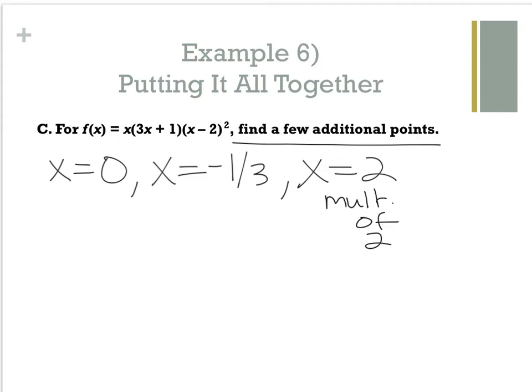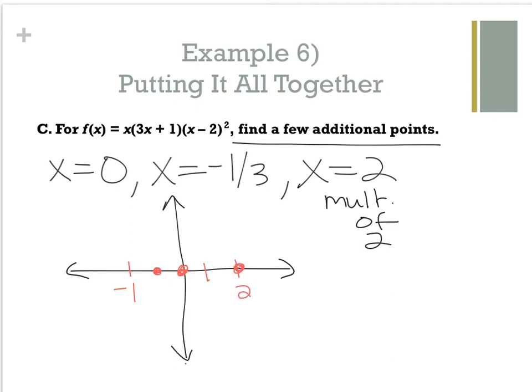What we're going to do is plot these points on the graph just to see what we think is going on here. X equals 0. Here's negative 1, so negative 1/3 might be right here. And x equals 2 is going to be right over here.